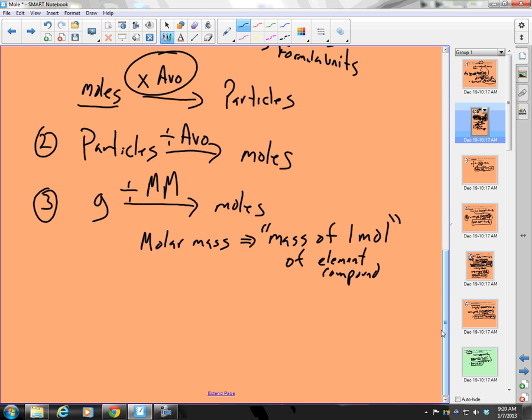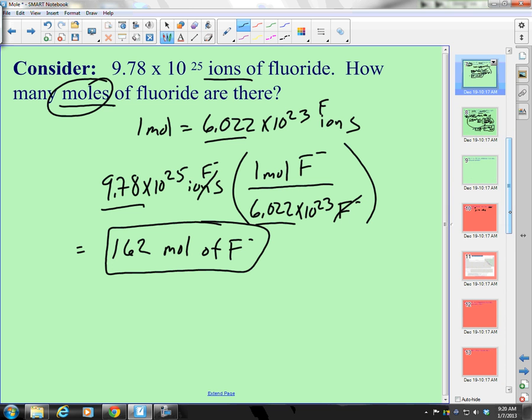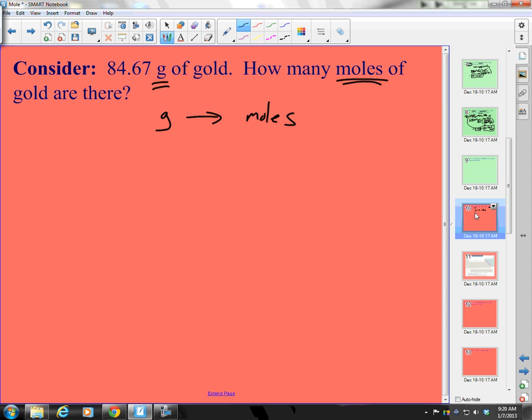give me moles. Cool. So let's go back to our questions. I start off with grams of gold, 84.67 grams of gold, and I want to find out what?